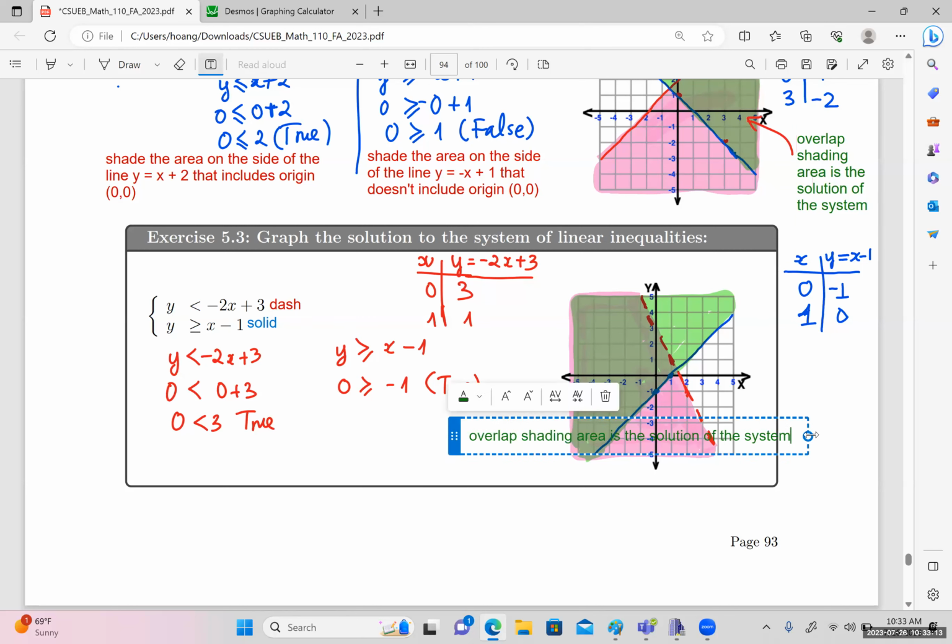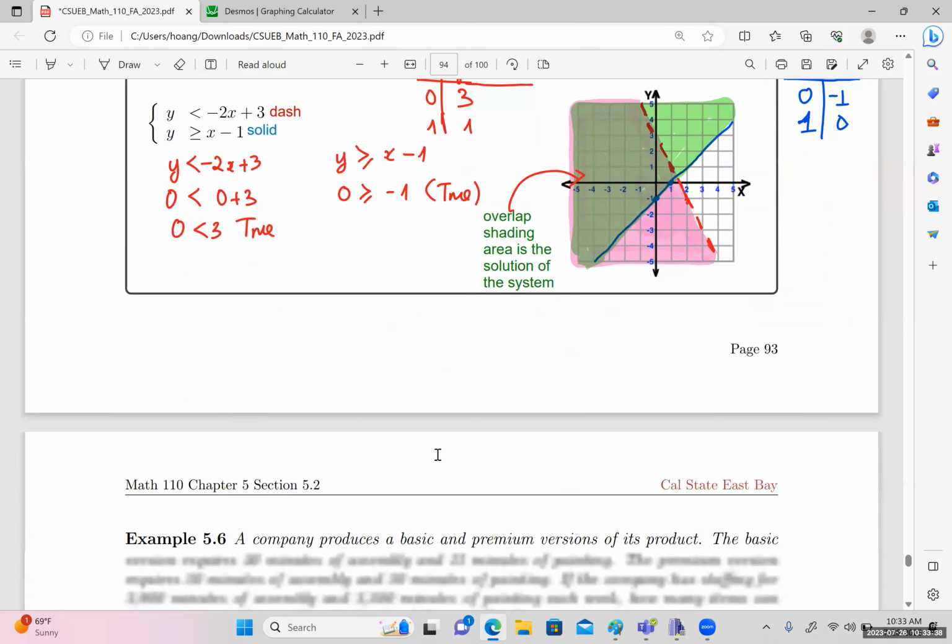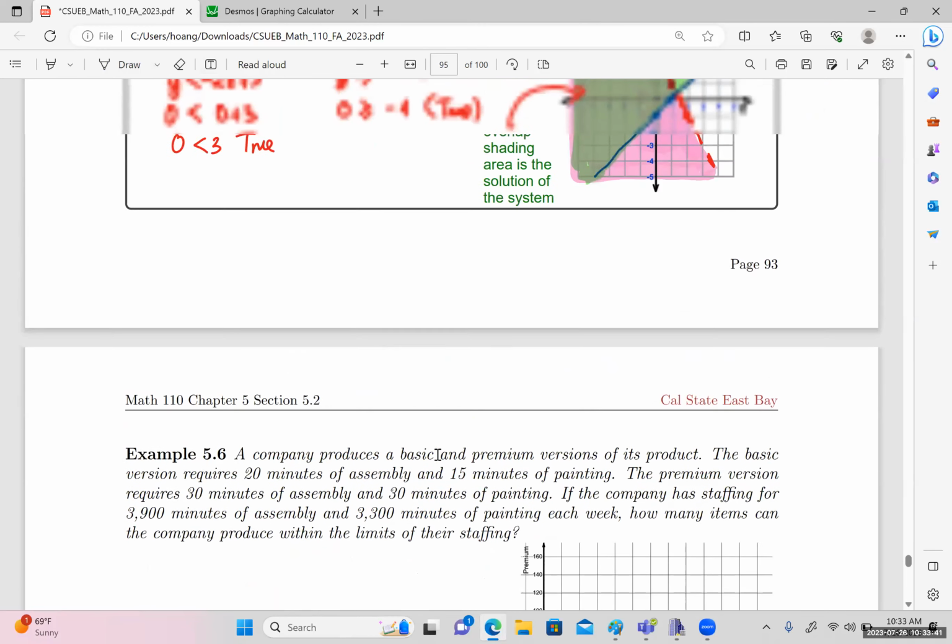The overlap shading area will be a solution of the system. I have to move this a little bit. Okay, nice.